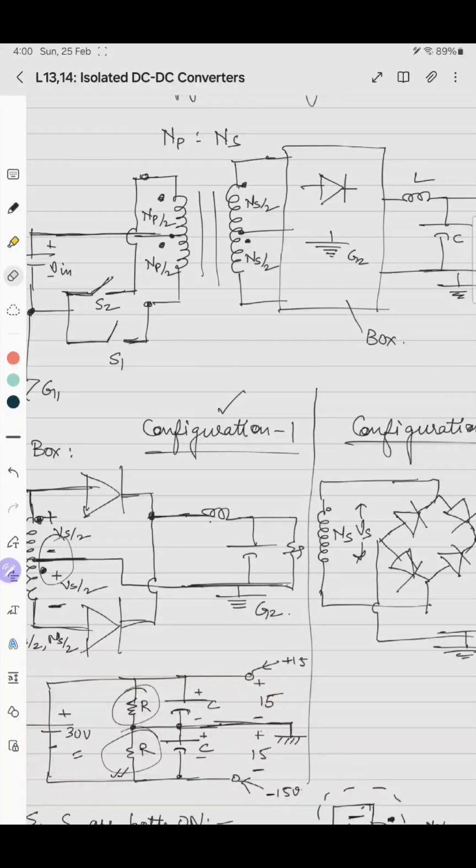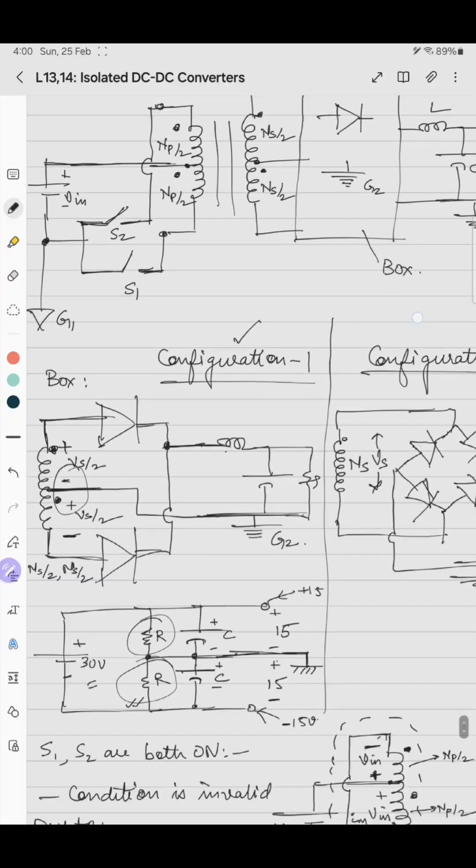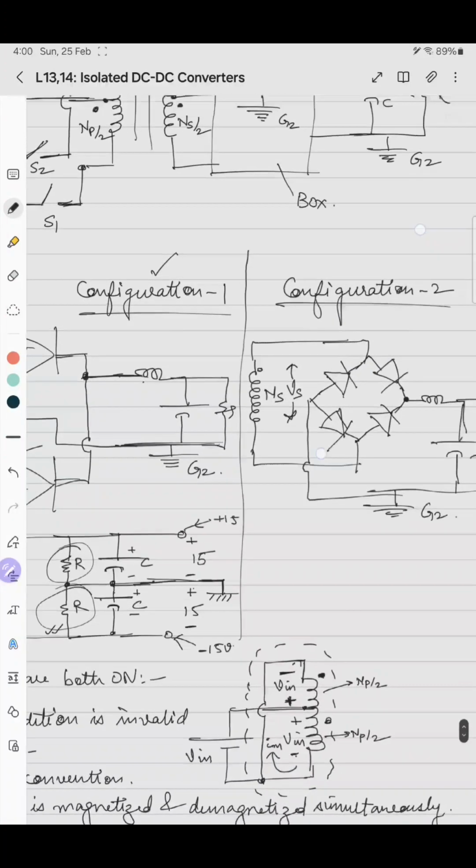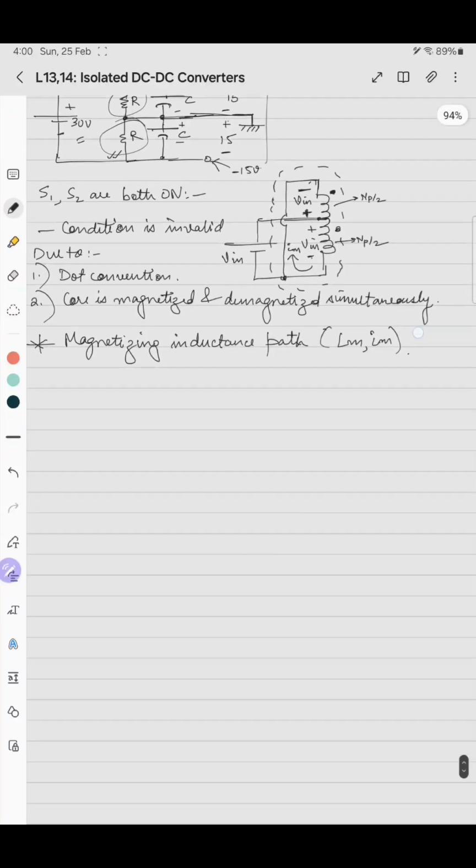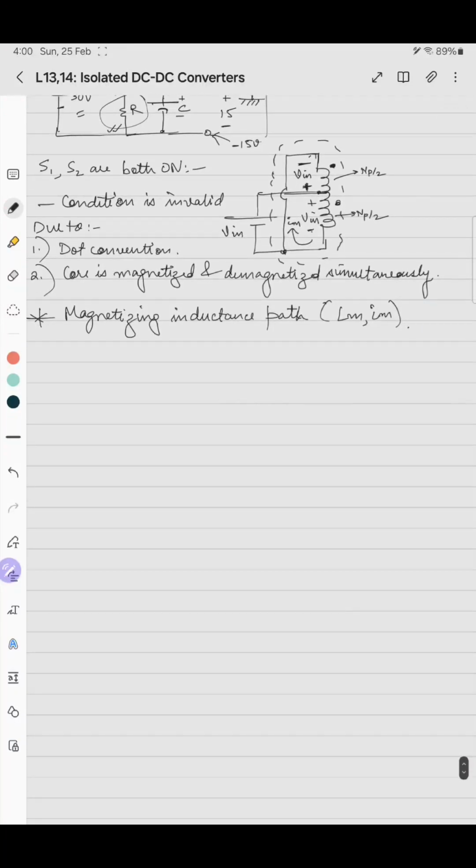So I am erasing it from here. So first, then we'll see the operation of a center tapped transformer.